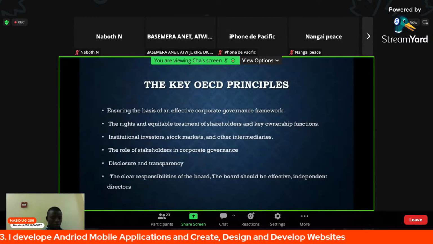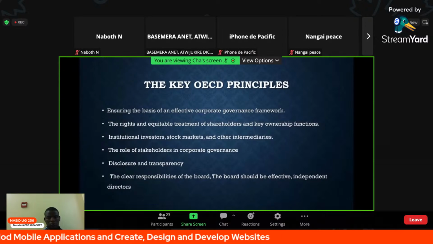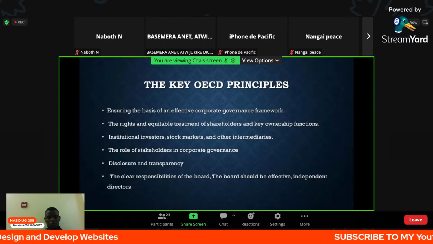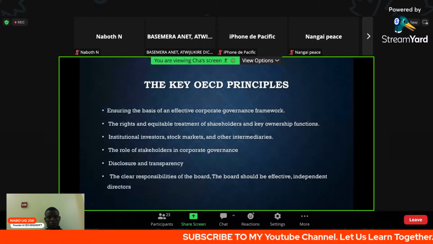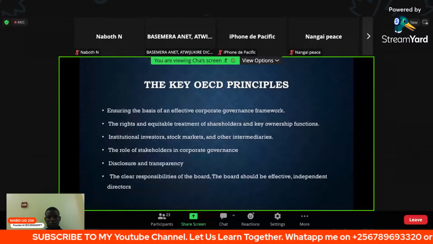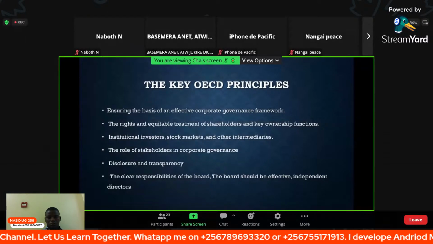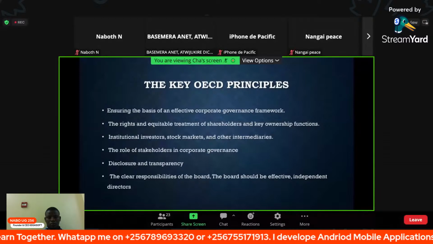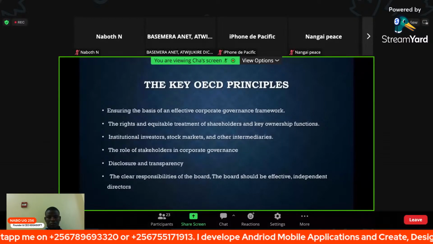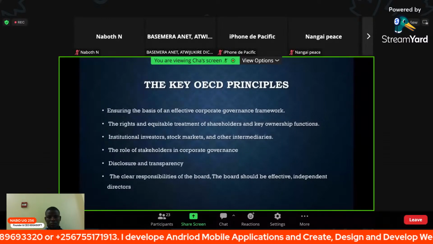The shareholders have to participate and vote in general shareholders meetings. They also have a right to elect and remove members of the board. Another one, the shareholders have a right to share in the profits of the corporation. To continue on the principles, we have the institutional investors, stock markets, and other intermediaries.